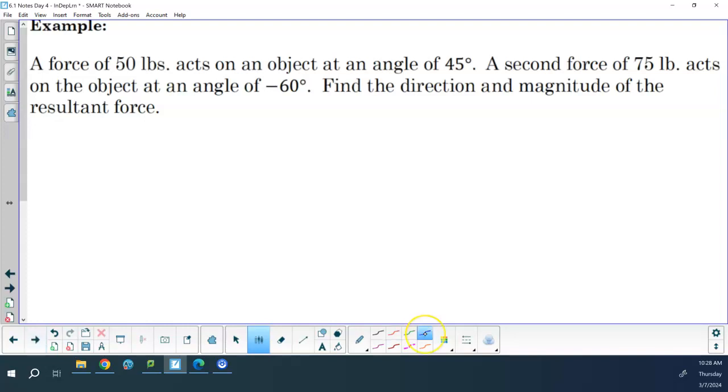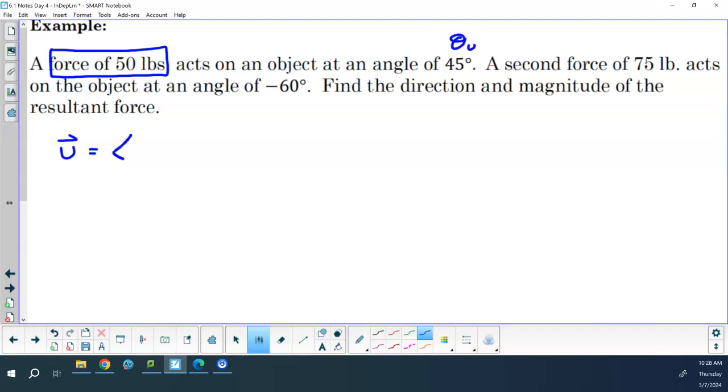Well, let's call that vector U. It would have a magnitude, because magnitude is the force in terms of poundage, so it had a magnitude of 50 pounds, and it would have a direction of 45 degrees.